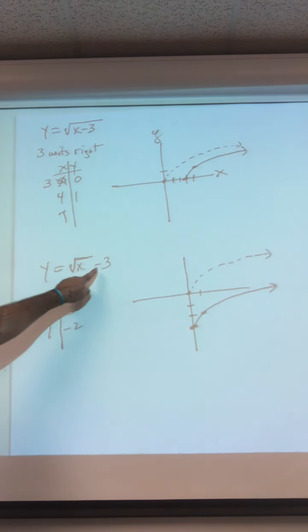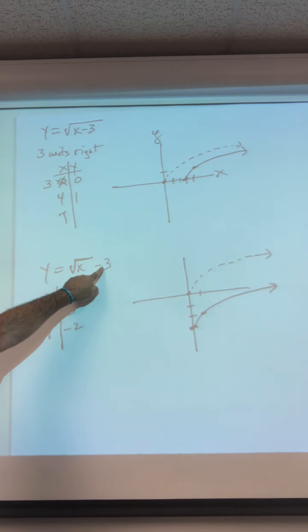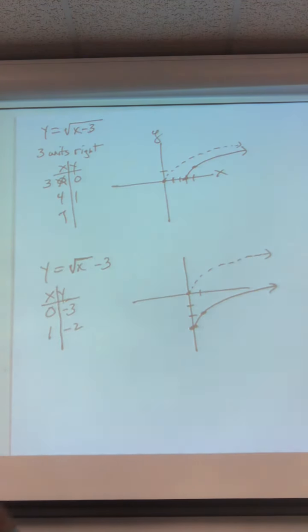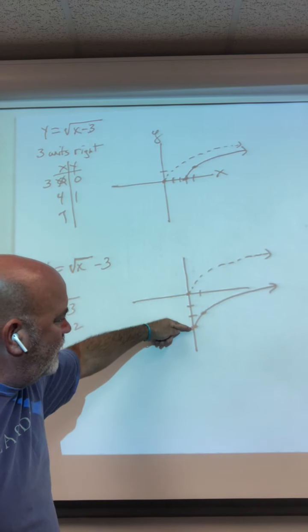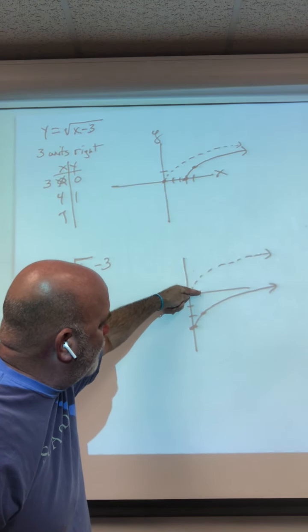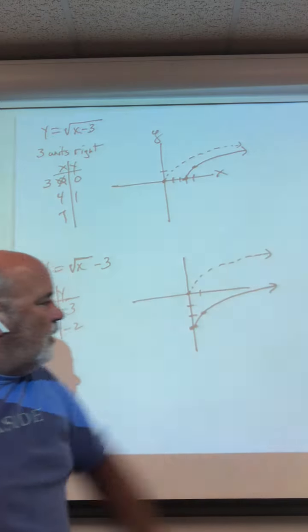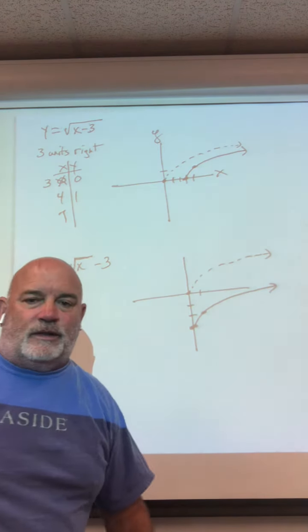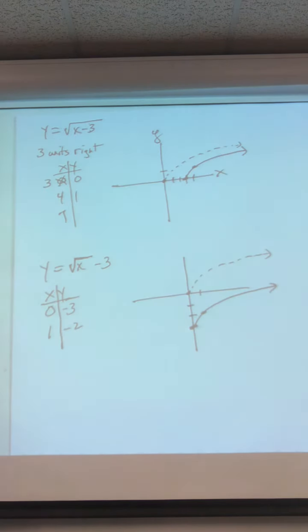So, what did this number right here do to your graph? It shifted all of your y's 3 units down. So this point goes to here. This point goes down 1, 2, 3, and so on. Now, if you want to just do the x values every time, you can. I just want you to be aware of what that does. All right, we're going to do a few more of these.